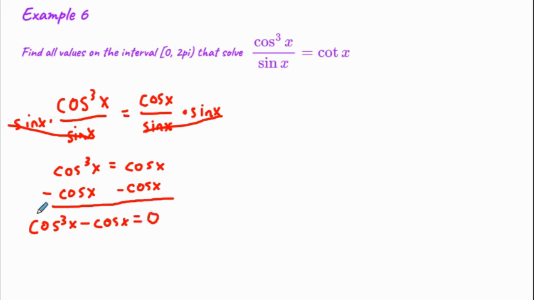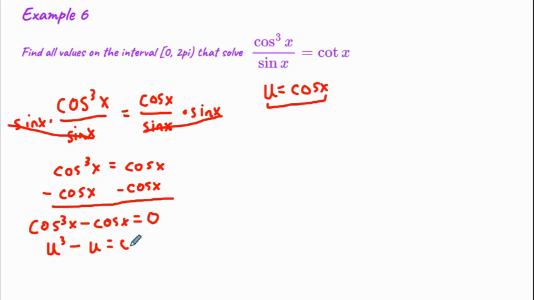But now look at what we have. We're going to use a technique called u substitution. If I let u equal cosine x, remember cosine cubed is multiplying cosine 3 times, so that could be the same as saying u cubed, and I'd replace this cosine with just u.